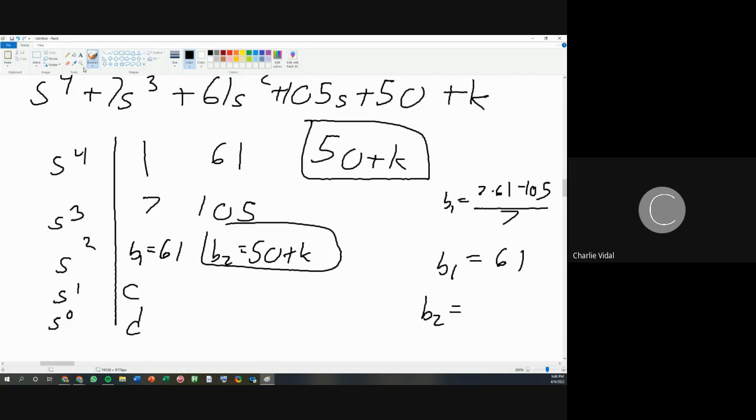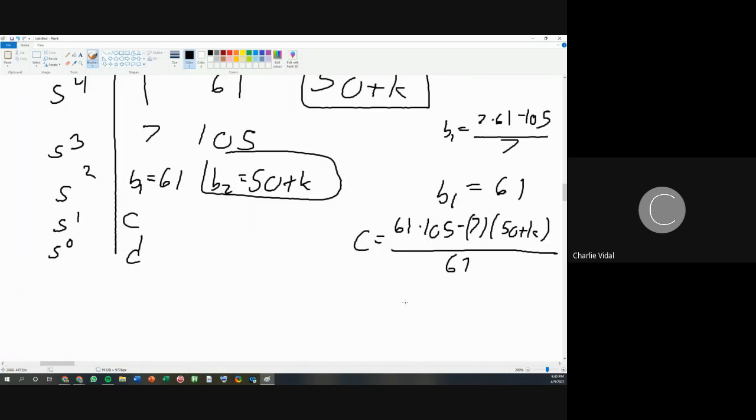C is a very long one. C is equal to 61 times 105 minus 7 times 50 plus K, divided by 61. Very big numbers we're using.